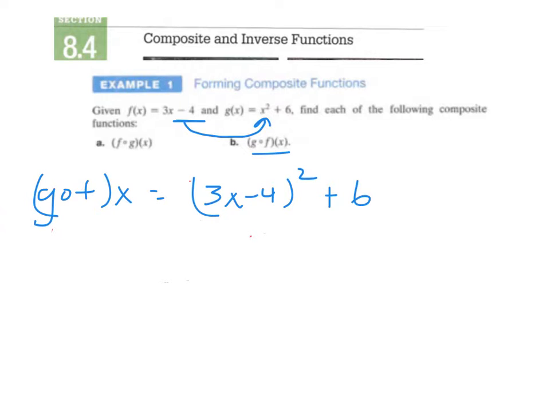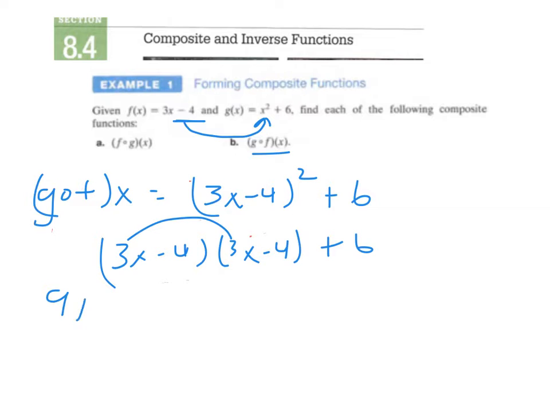This is just FOIL, so let's just FOIL that out. 3x minus 4 times 3x minus 4 plus 6. And so 3x times 3x is 9x squared. 3x times minus 4 is a minus 12x, and plus 16 plus 6.